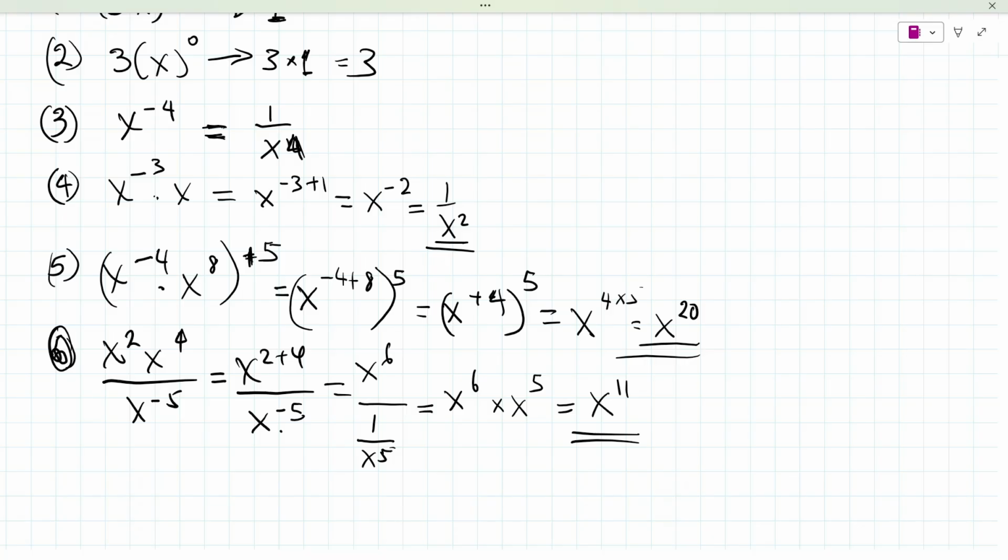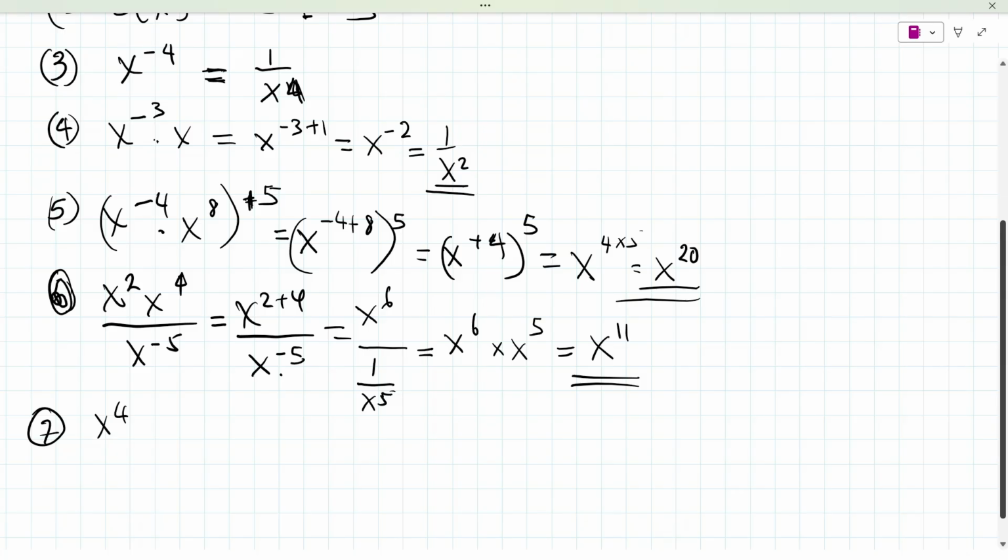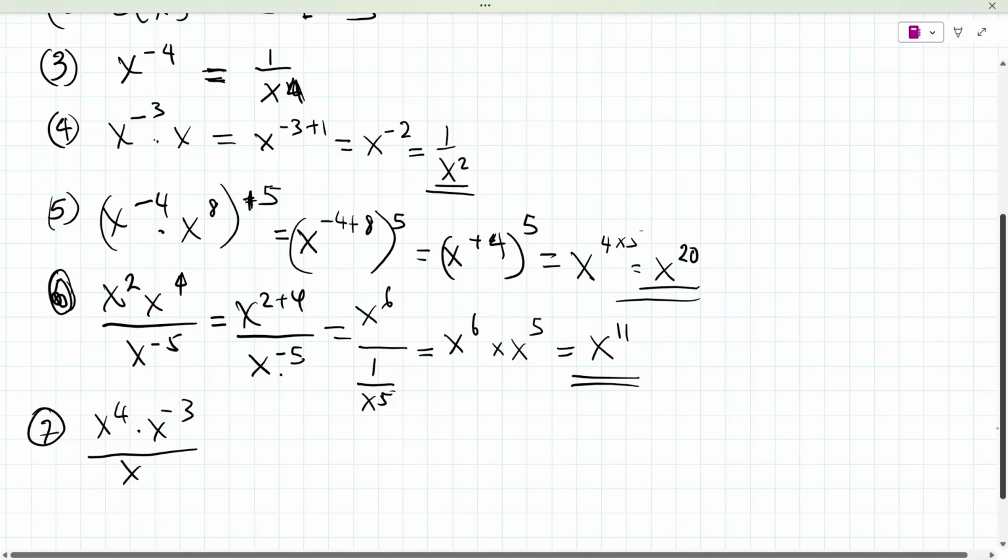Okay, now let's try out another interesting example, number 7, which says that x to the power 4 multiplied by x to the power negative 3, and this is being divided by x squared.